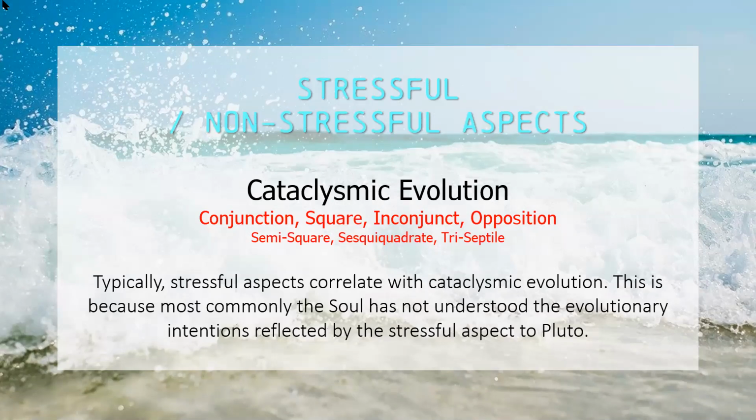So through transit, from my experience, it's been after Pluto goes retrograde the first time. And if it's through a natal Pluto aspect, I would say the first Saturn return really kicks a lot of things on in terms of consciously understanding things and the ability to really work with whatever the intentions are, because it symbolizes a gateway in and of itself.